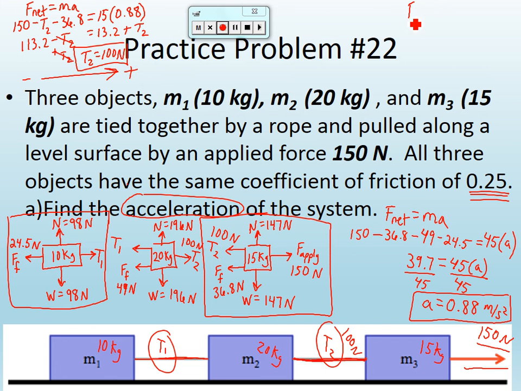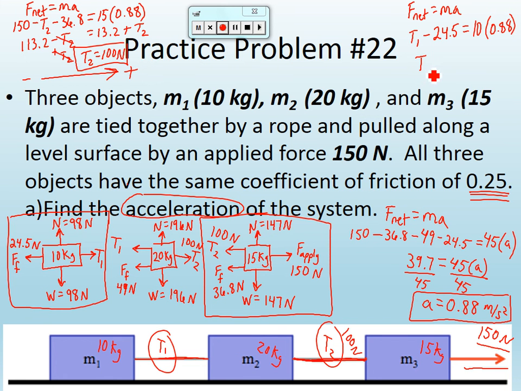So force net is equal to MA. I'm calling everything to the right positive, so I'm going to call T1 positive. And now let's subtract off everything that's going to the left, which is friction 24.5. That will give me my net force. The mass of this block is 10 kgs. And times it by the acceleration, which we found earlier to be 0.88.